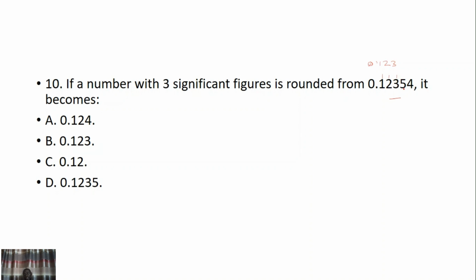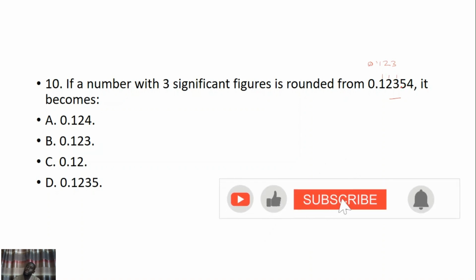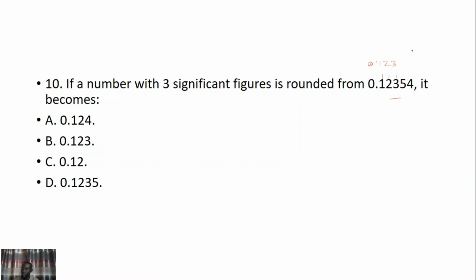But if you look at the number that follows, it's 5. So when you have 5 and above following the last number, you round up to the next digit, which is 4. So what we write here is 4. But don't forget, if it is less than 5, it will be 3. So the correct answer here is A.